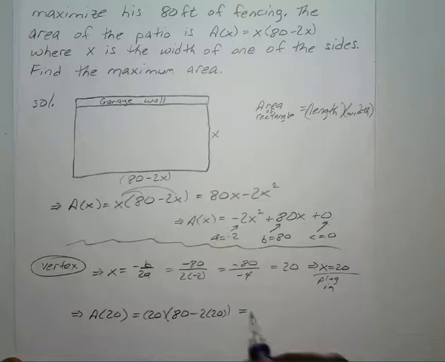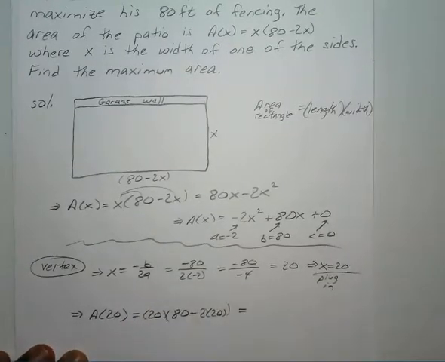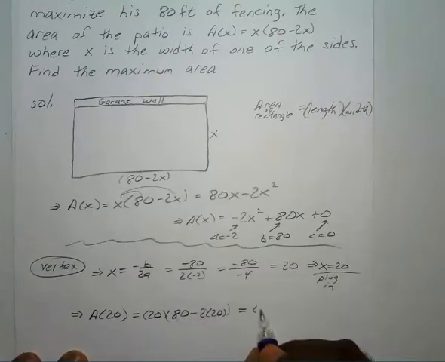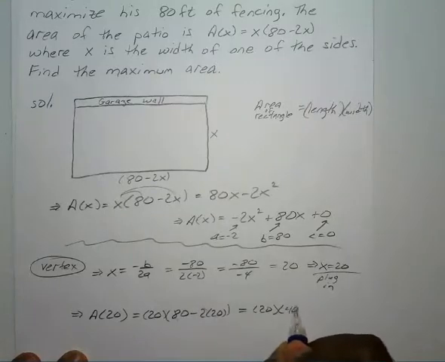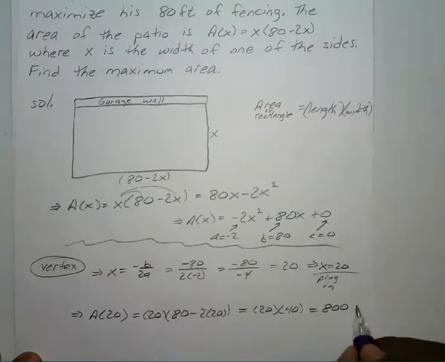Okay, so that's going to equal, if we go ahead and distribute that. Well, actually, we don't have to distribute. We can solve this in here first. That would be a little easier. Okay, so 2 times 20 is 40. 80 minus 40 is 40. So you have 20 times 40. And 20 times 40 is 800 square feet.